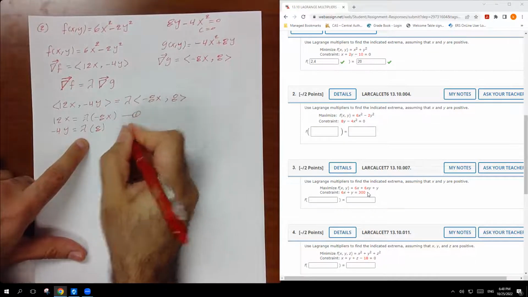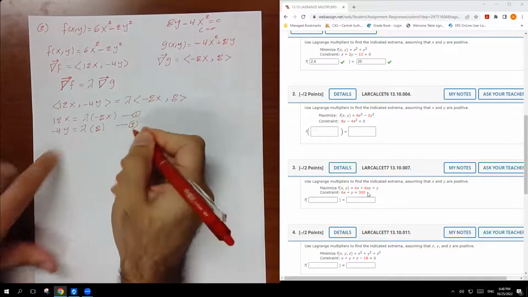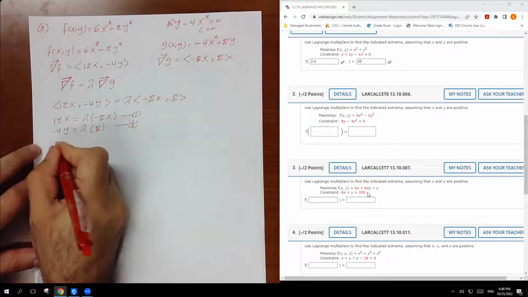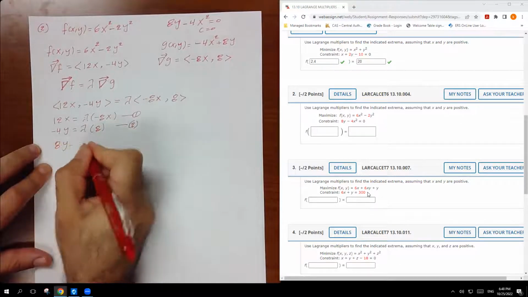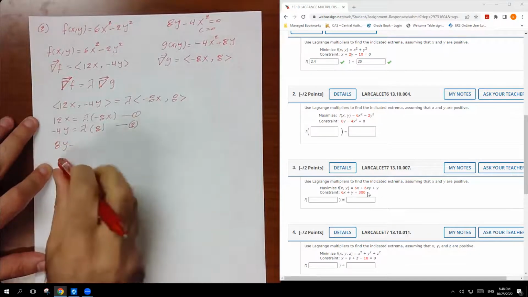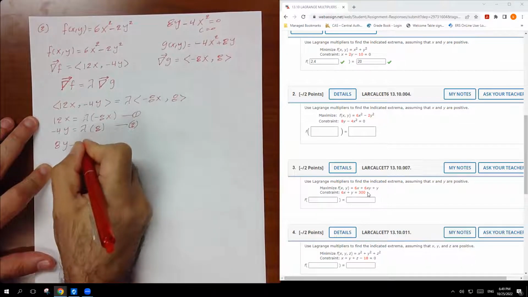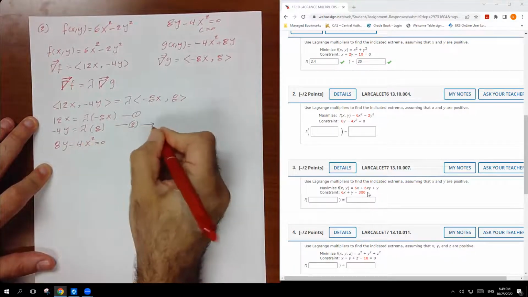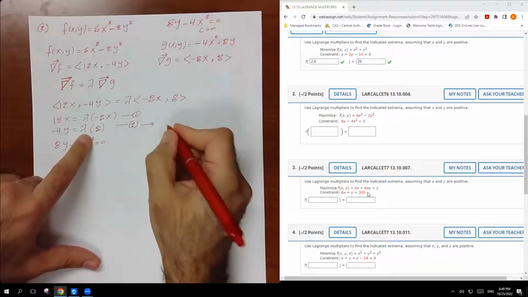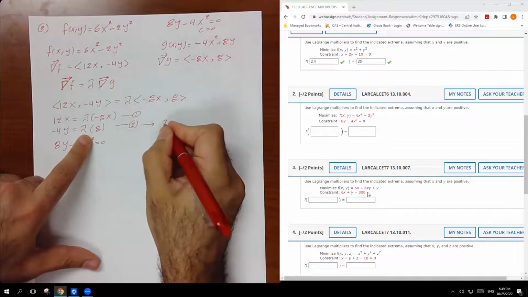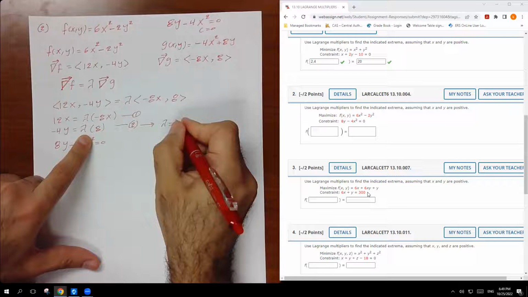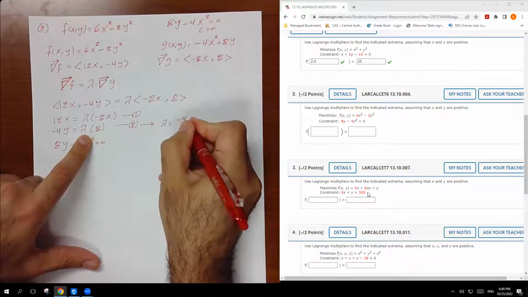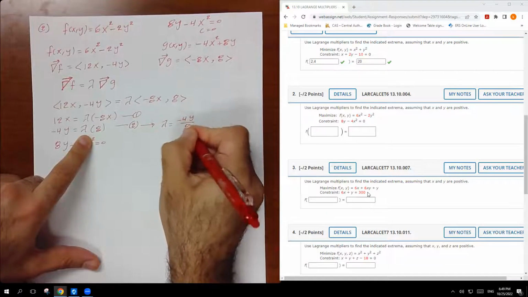This is the first one. This is the second one. And the constraint, we can write down like this, is fine: negative 4x squared plus 8y equals 0. So from these equations, I can say lambda equals negative 4y divided by 8.